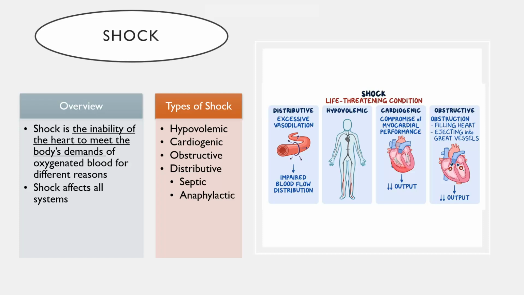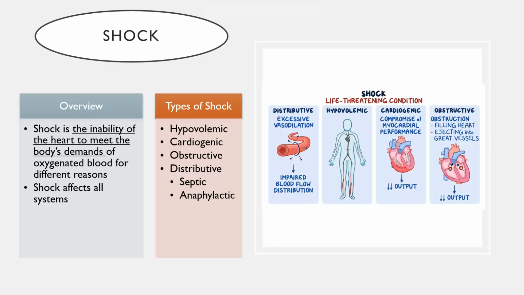So, our types of shock, we have hypovolemia or hypovolemic shock, where we don't have enough fluid or enough blood pumping. Cardiogenic means that it is from the heart. Something is going on with the heart that is not pumping out the blood. Obstructive means that the heart is either not filling, there's an obstruction, or it's not ejecting blood out to the body.